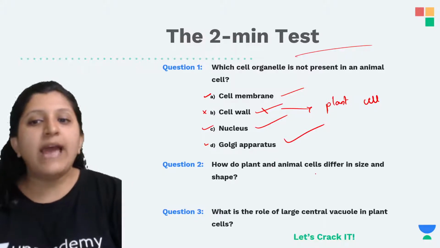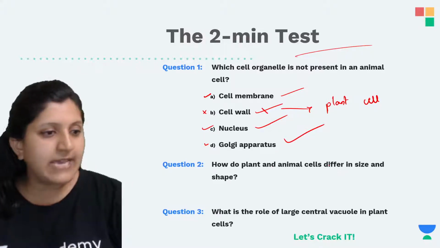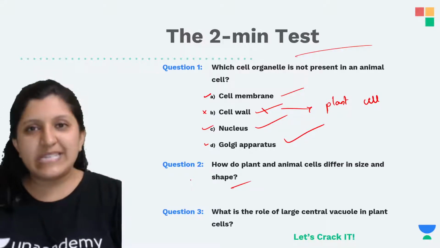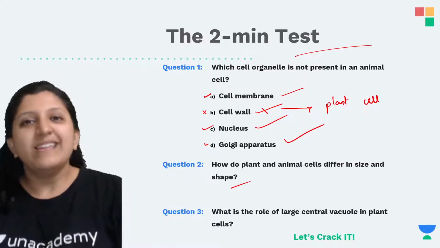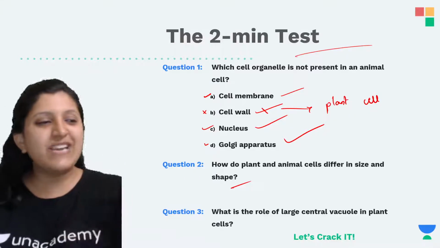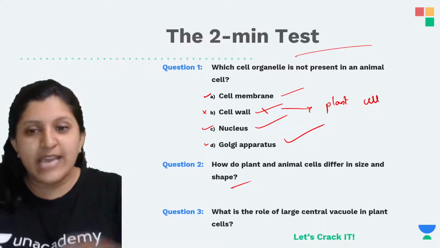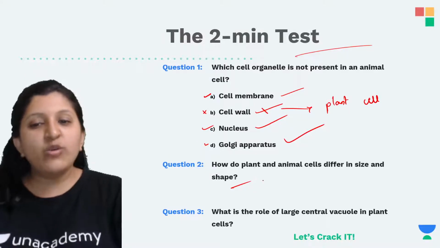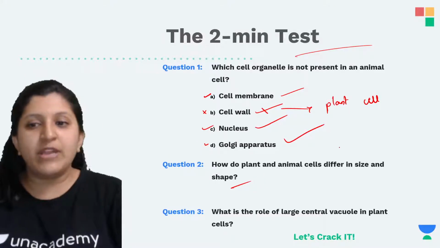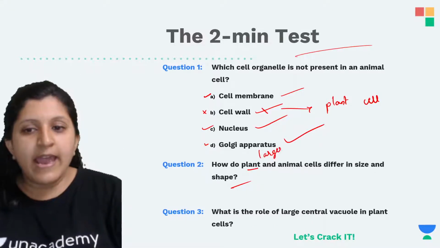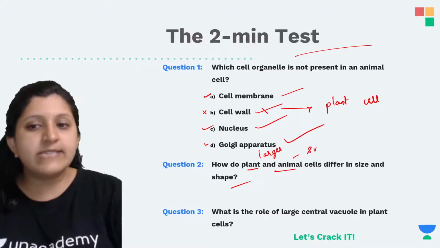So how do plant and animal cells differ in size and shape? Remember, this we discussed in the very beginning of the class, that is size and shape. So what is the difference of plant and animal cell with respect to size and shape? Plant cells are larger, and comparatively animal cells are smaller.